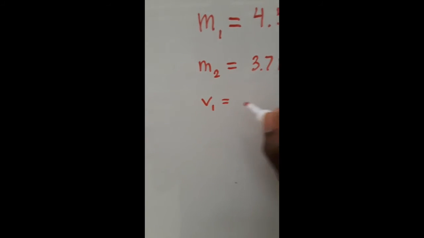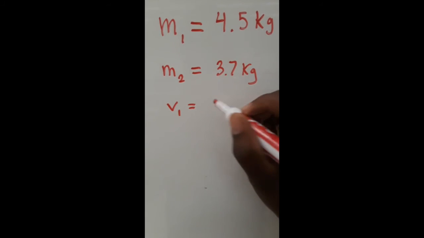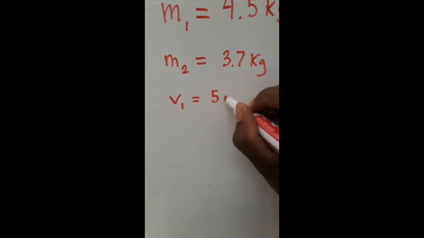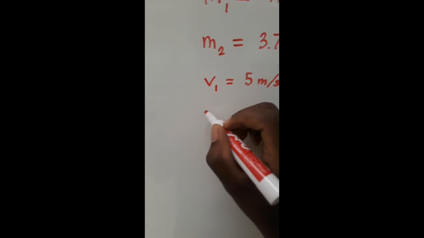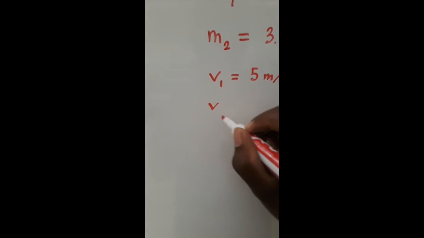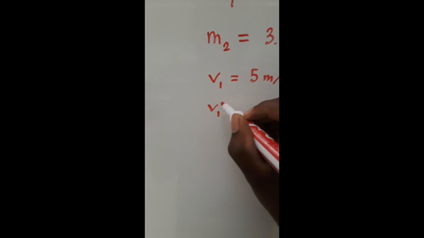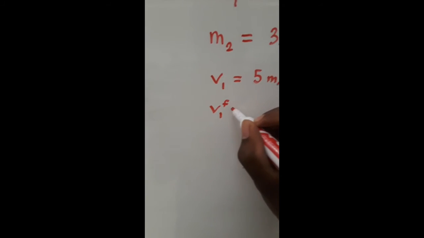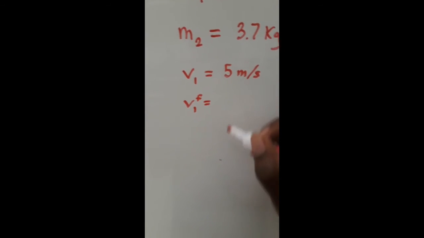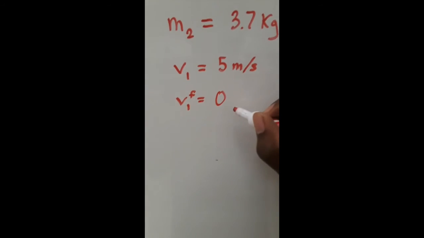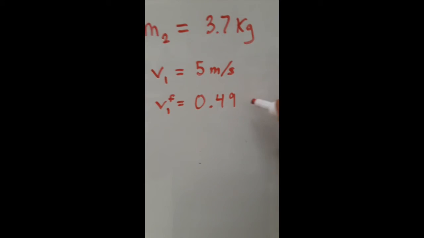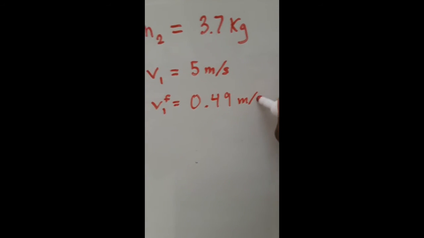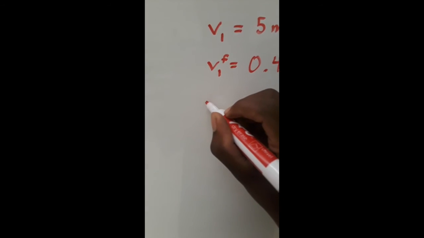The initial velocity for the first object is 5 meters per second. The final velocity for the first object is 0.49 meters per second. A drastic drop.